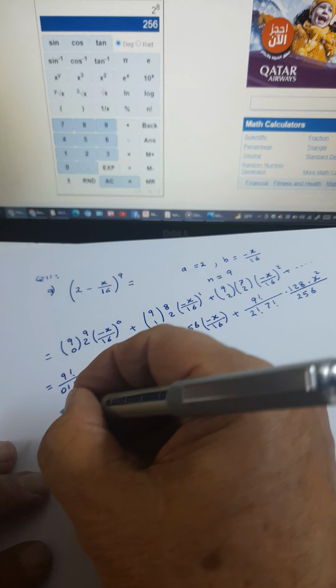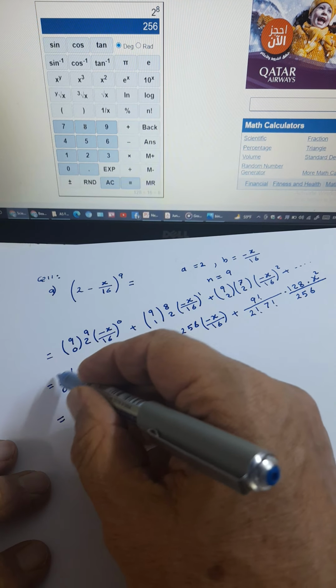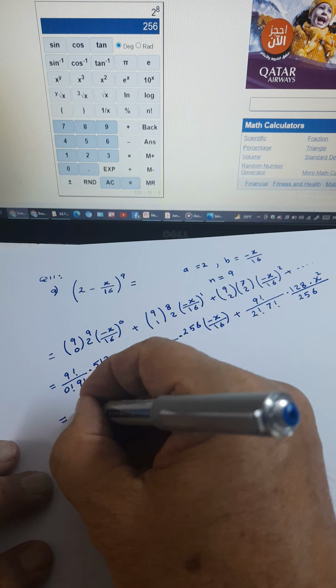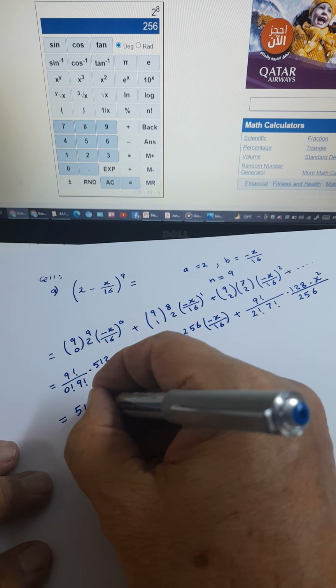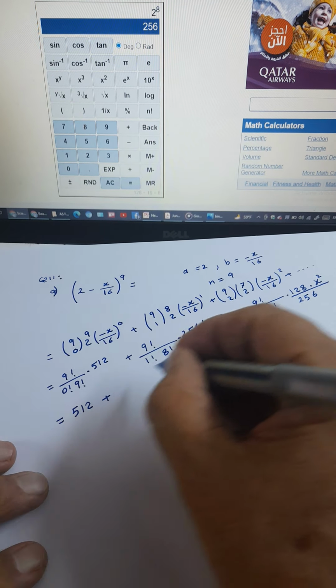Now simplifying, this equals 1. So the first term is 512.